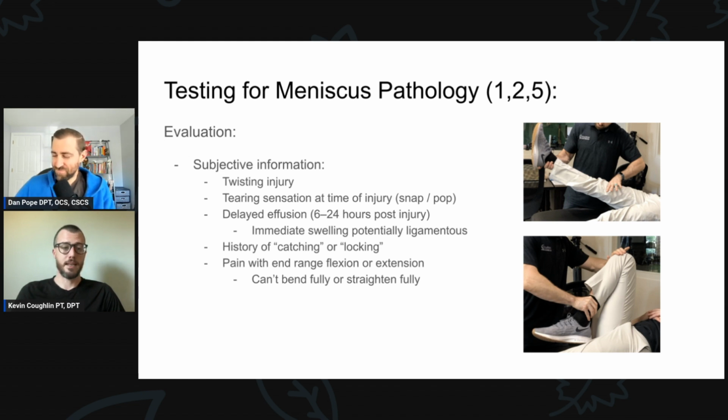It's not always immediate, like we do see with ligamentous injuries. There may be a little bit of delay. They may explain a history of catching or locking in the joint, and they might have pain with different activities at end range knee flexion and end range knee extension. So you hear those things. Now we're going to dive into the objective exam and kind of what we're looking at.